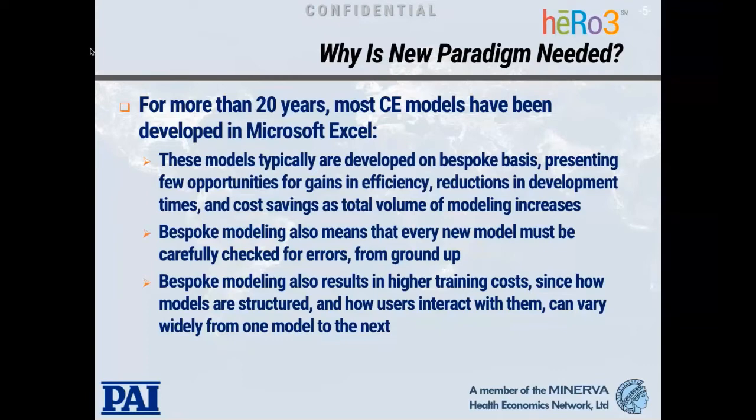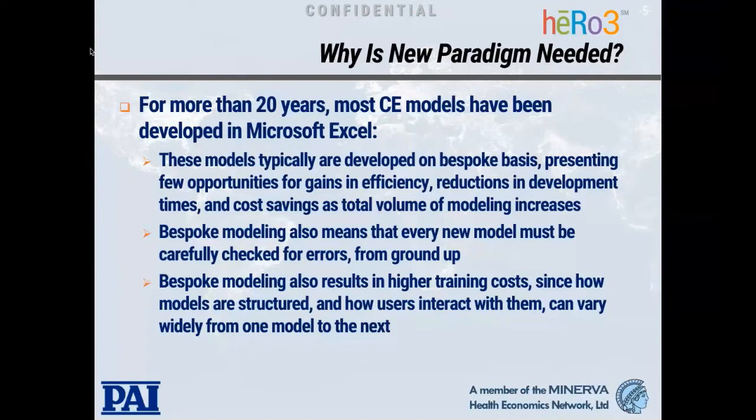It also means that because we're generally building models from scratch, a lot of the validation work needs to be done from the ground up every single time. And that really takes up a considerable amount of resources.